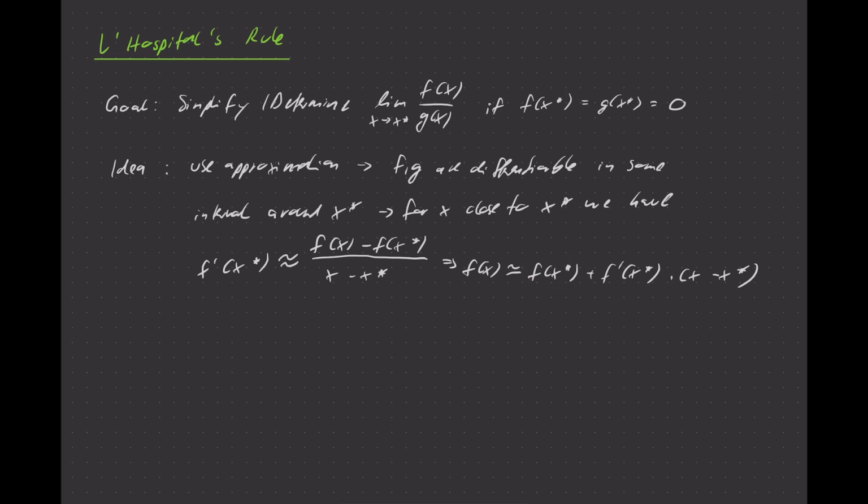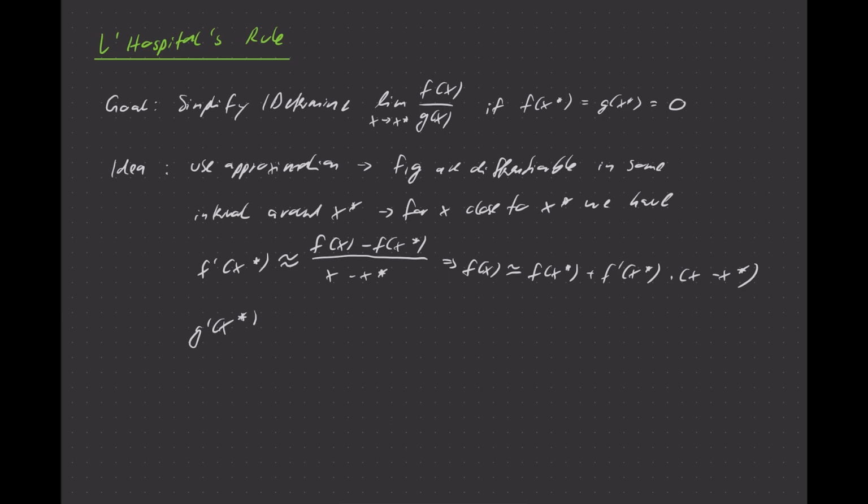As we move away from x star, it will of course get worse, unless we start with an affine linear function in the first place. Usually this approximation will be different from the function f itself. But if we're close enough to x star, it will still be a nice, good approximation. Of course, we can do the same thing for g.